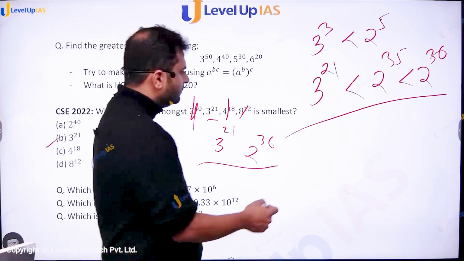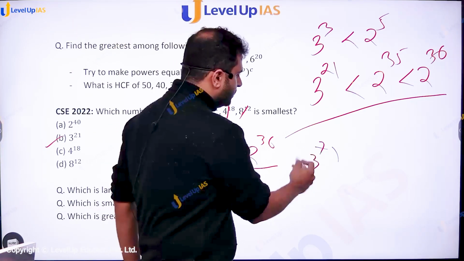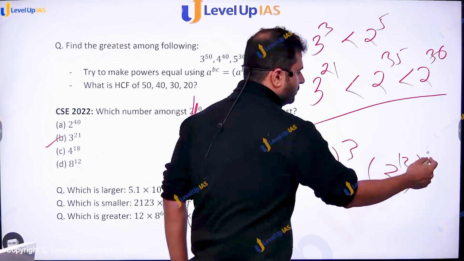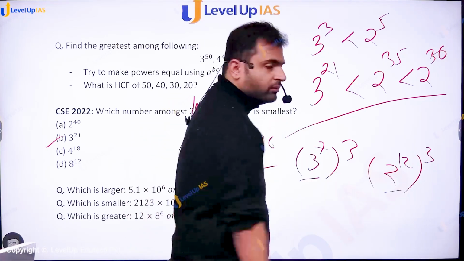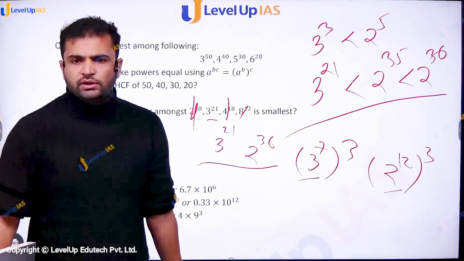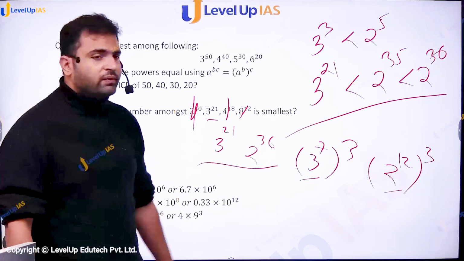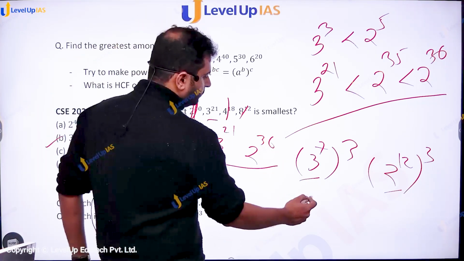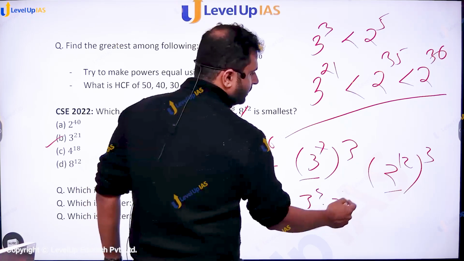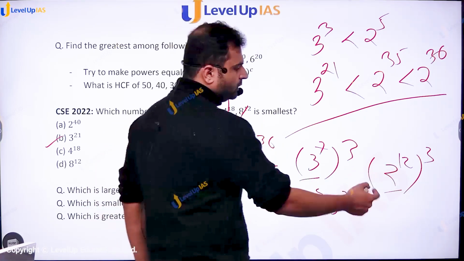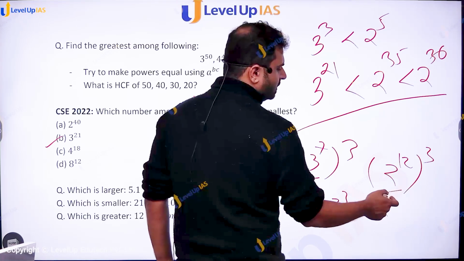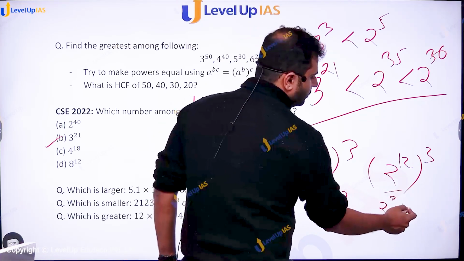Or you can do 3 raised to 7 cube and 2 raised to 12 cube, and you calculate these two numbers by repeated multiplication, of course. 3 raised to 7 is nothing but 3 raised to 4 into 3 raised to 3, and this is 2 raised to 7 into 2 raised to 5, let us say.